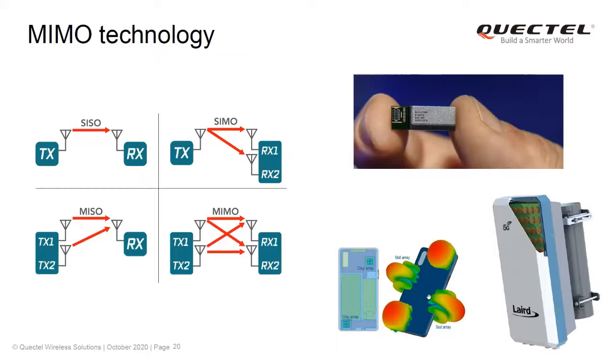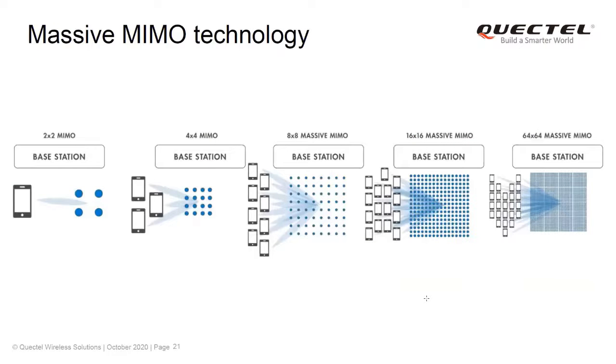And also on the mobile phone side, there are actually more such cheap array antennas to overcome signal attenuation by hand or other obstacles. Massive MIMO technology basically means there are more such antennas, up to 64 by 64 or even more, so they can serve multiple devices at the same time.